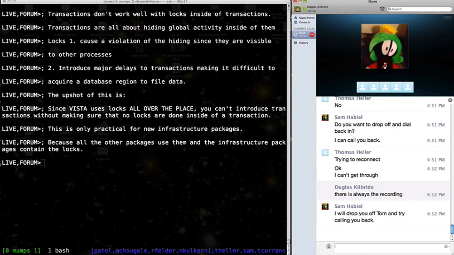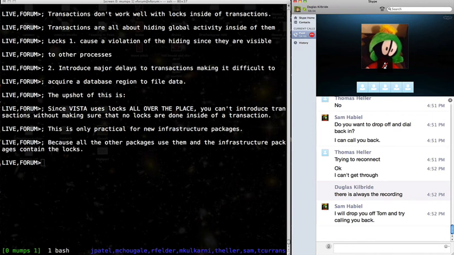So this is the sad part about transactions. They are extremely valuable, but we actually have to do a big major redesign of VistA in order to be able to use them.